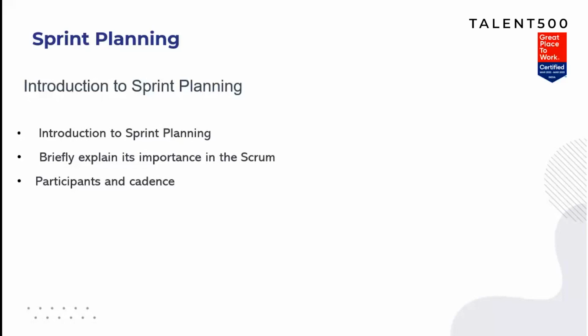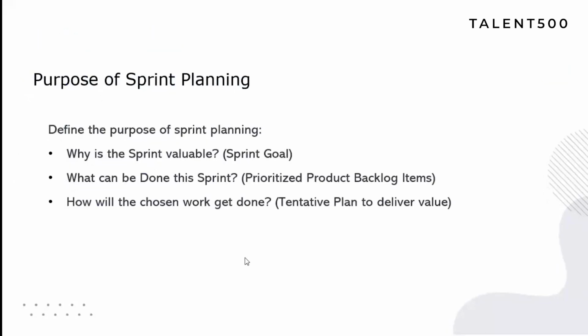Now that we understand the participants, the cadence, and the importance of sprint planning, let's move further. Now let's understand the purpose of sprint planning. Why do we even do sprint planning, or what do we do in sprint planning?